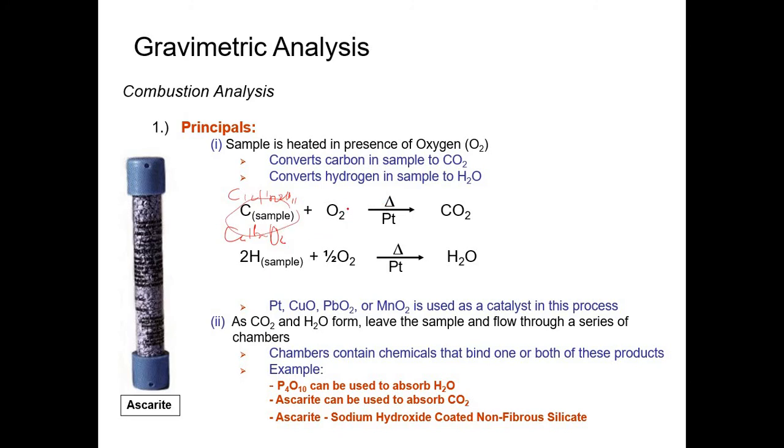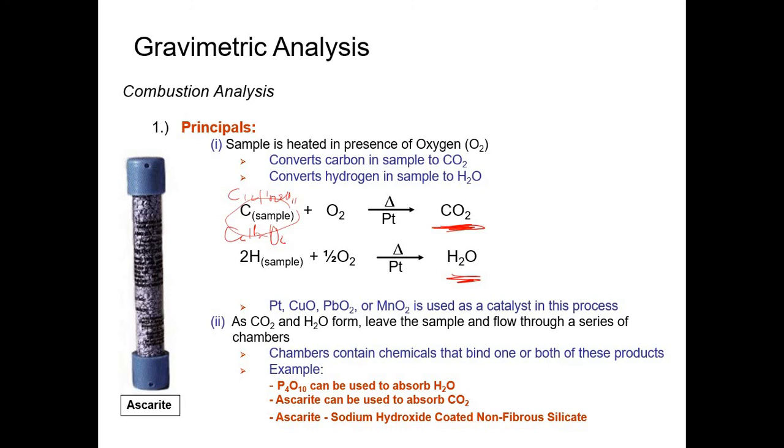So in the presence of heat and this catalyst, platinum nga catalyst, so they will be converted. All the carbon will be converted to carbon dioxide. So ang hydrogen, on the other hand, ma-convert po siya into water. So ang product sa combustion ani is carbon dioxide and water.